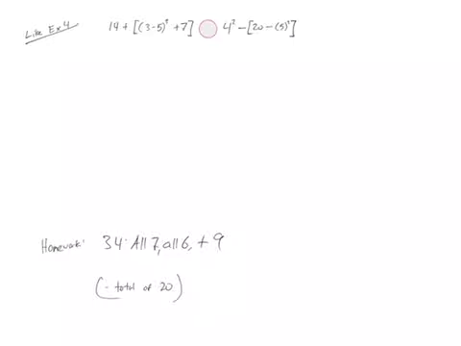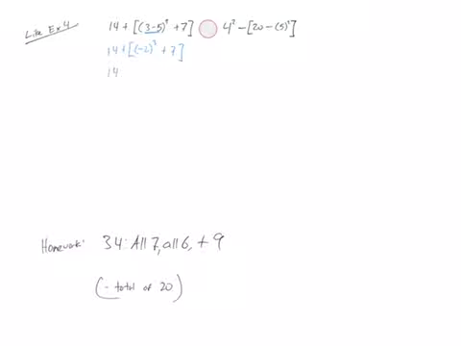Alright, one more example here. We just have to compare which one is bigger or which one is smaller. So in order to compare, I'm going to simplify the left-hand side, simplify the right-hand side, and see which one is bigger. Innermost, we're going to start in here. 3 minus 5 is negative 2. So this is 14 plus negative 2 cubed plus 7.